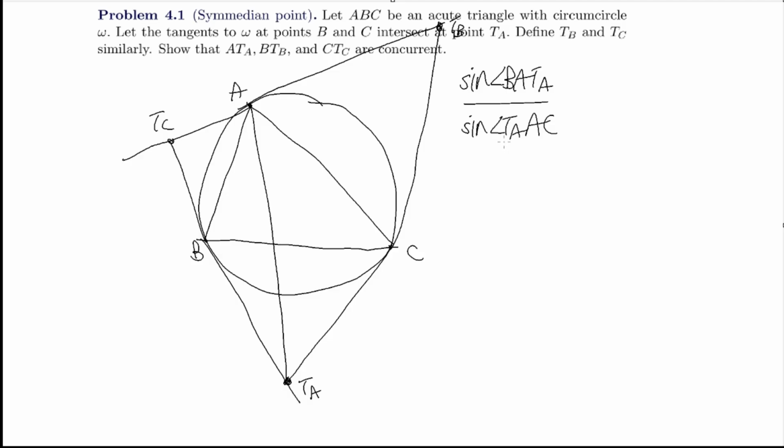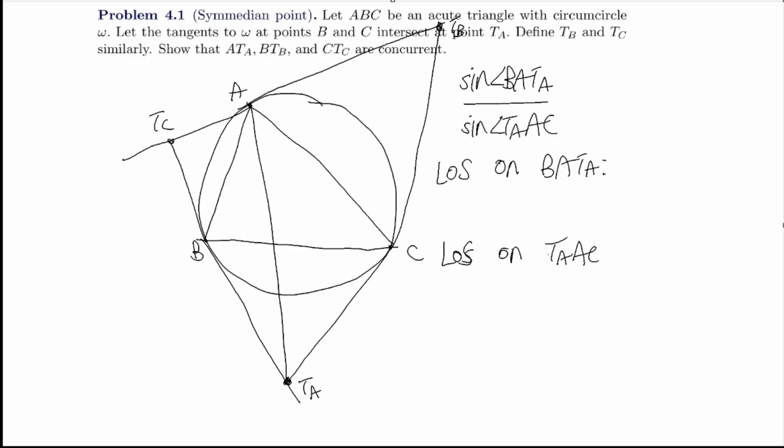And the way we do this is by using law of sines on BATA and also law of sines on TAAC. So what happens if we use law of sines on this first triangle?